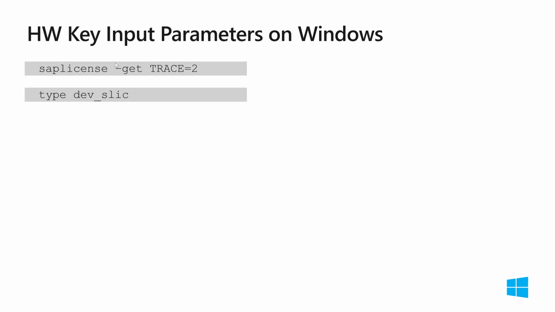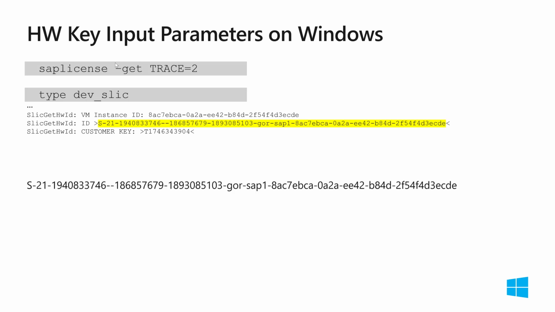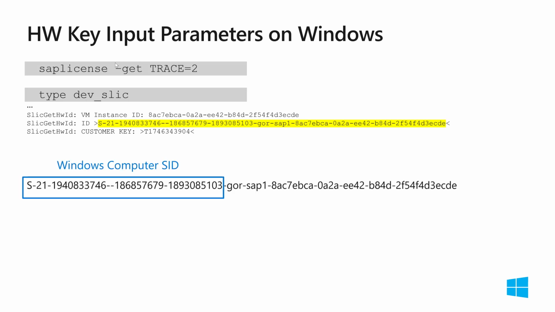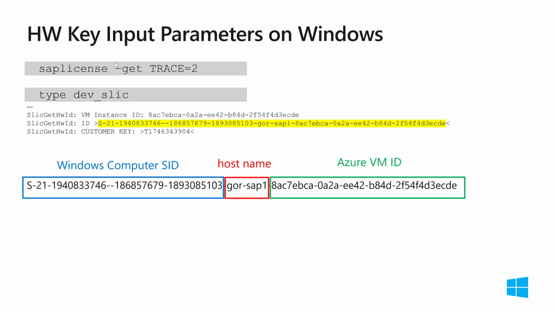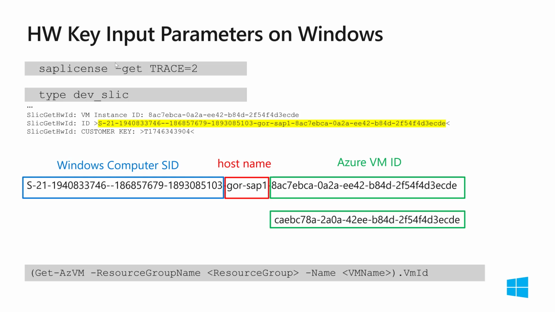So let's summarize the whole thing on Windows. Through saplicense -get trace 2, I will get the dev_slic file, and inside I will see the 3 input parameters on Windows, namely the Windows computer SID, host name, and the Azure VM ID. Now, if I would use PowerShell, I would get again the same VM ID. Don't be confused, it looks different, but actually it's not.